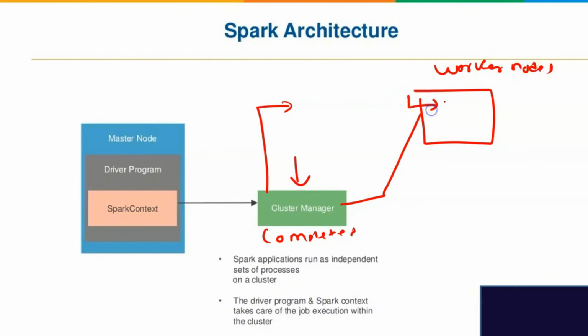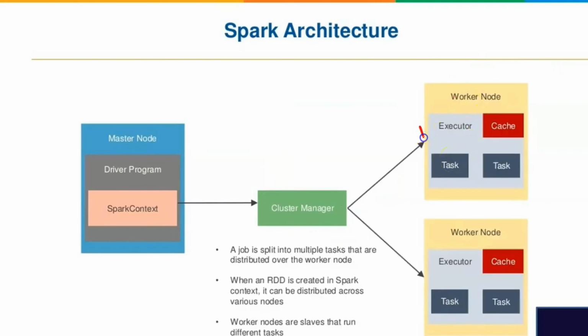These worker nodes let the tasks be completed by their executors. There are executors, and then some tasks and some caches are being processed for them. So the job is further split across multiple worker nodes and the tasks are completed. This is the basic architecture of Spark.